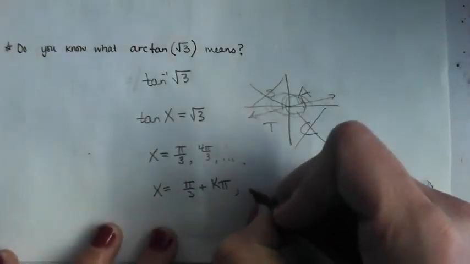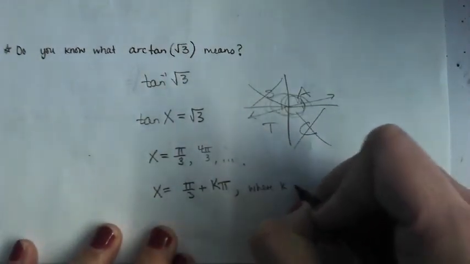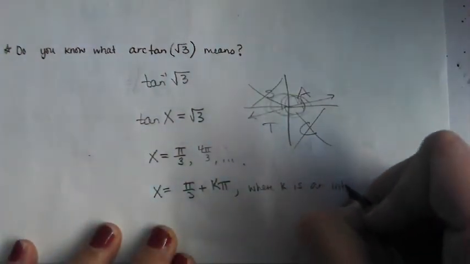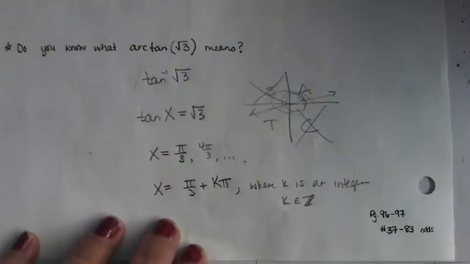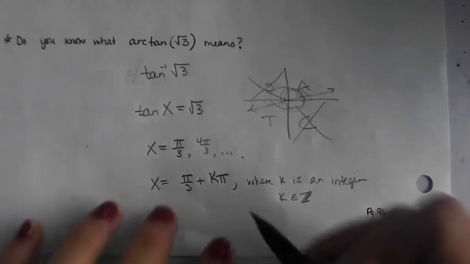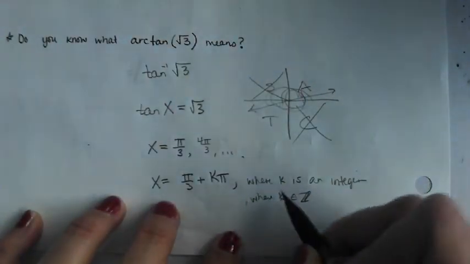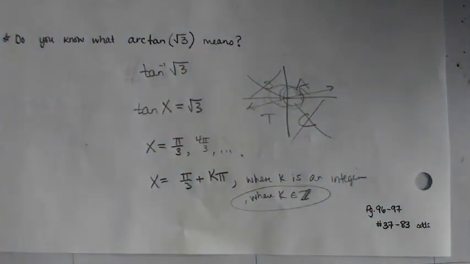You just have to say where k is an integer, or where k is an element of the set of integers. That weird capital Z is really the more mathematical way of writing it. So k could be 1, and you'd add on pi just once. Or k could be -1. That's where Liam got his -2 pi over 3 from.